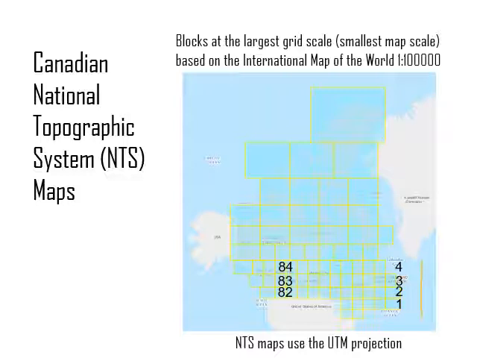Then the next block system captures more of the Canadian North. Therefore, once you get to Saskatchewan, Alberta, and BC, you're at numbers 82, 83, 84. So for the map sheets of the NTS topographic system, the first number on your map always corresponds to that block on the International Map of the World.